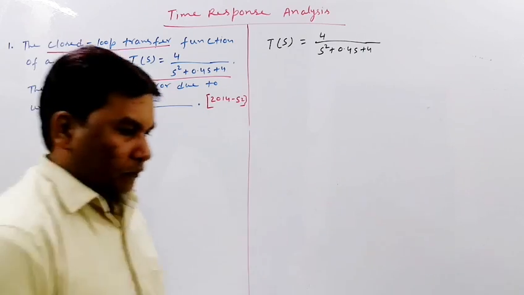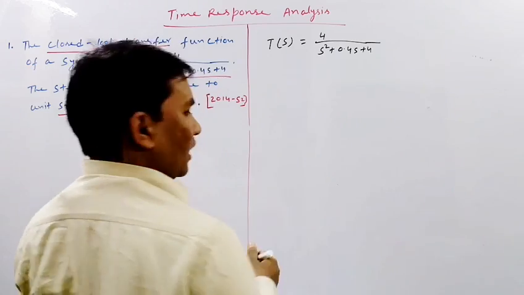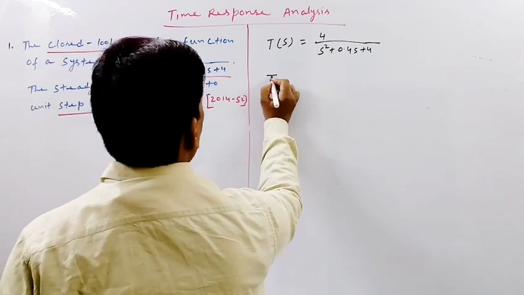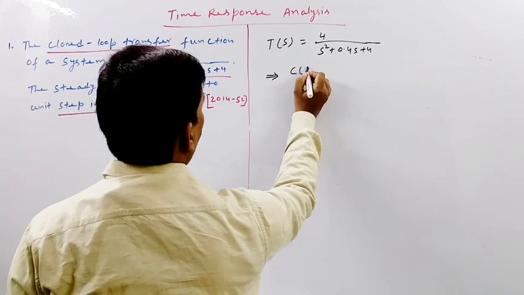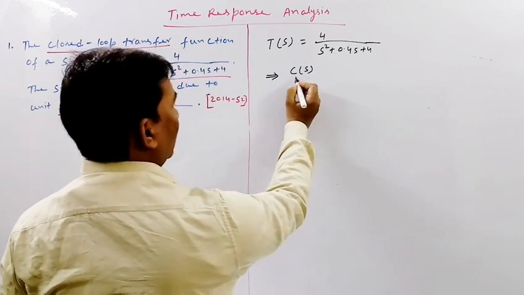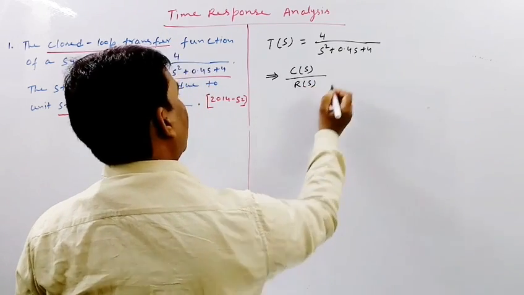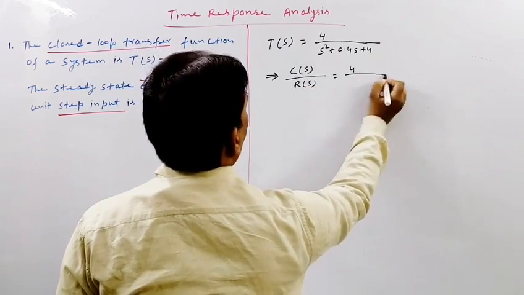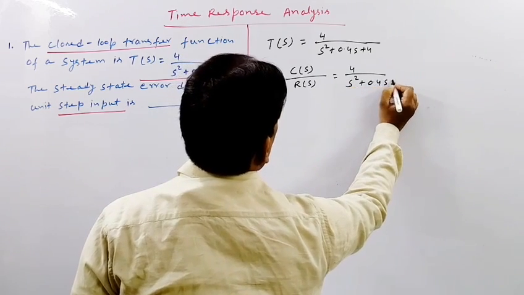Now what is T(s)? T(s) is nothing but the Laplace transform of output to Laplace transform of input. So if we denote output by c(t), then the Laplace transform of output will be C(s). C(s) divided by R(s), R(s) is the input, is equal to 4 divided by s square plus 0.4 s plus 4.